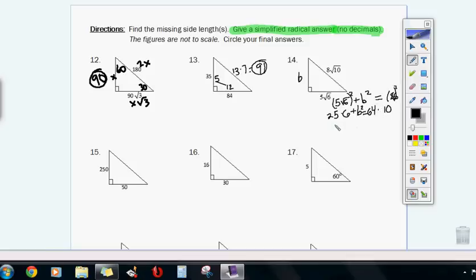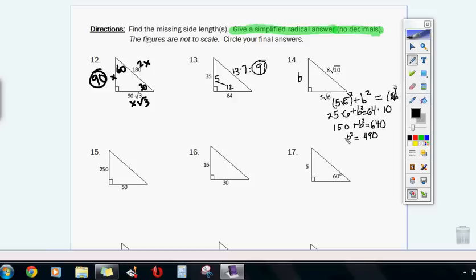So what we have is 25 times 6, we have 150 plus B squared equals 640. Subtracting 150 from both sides, we're getting B squared equal to 490.